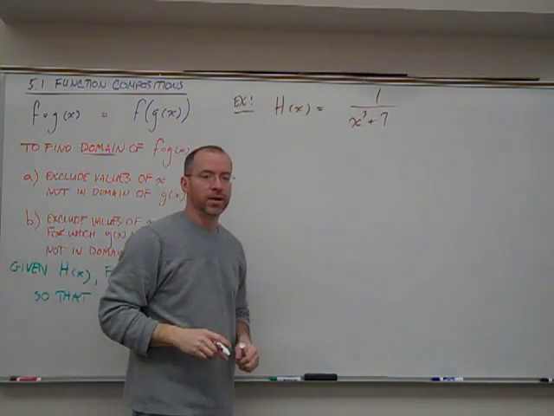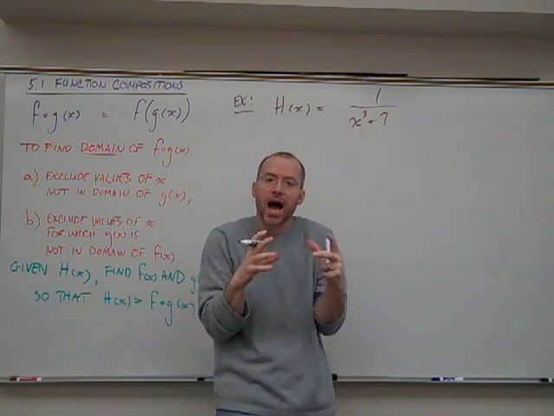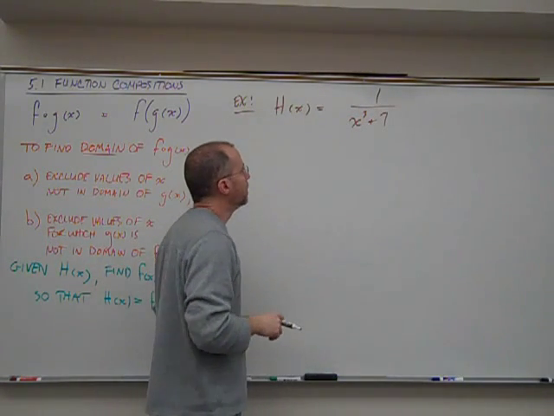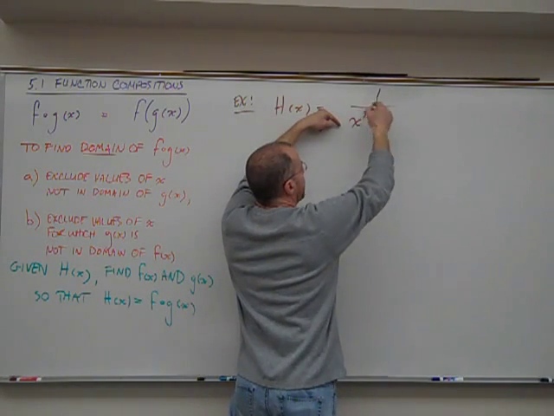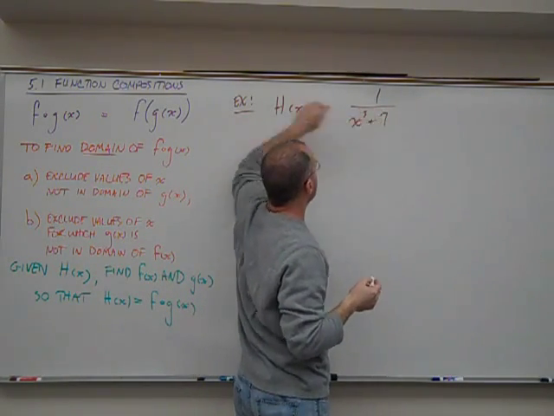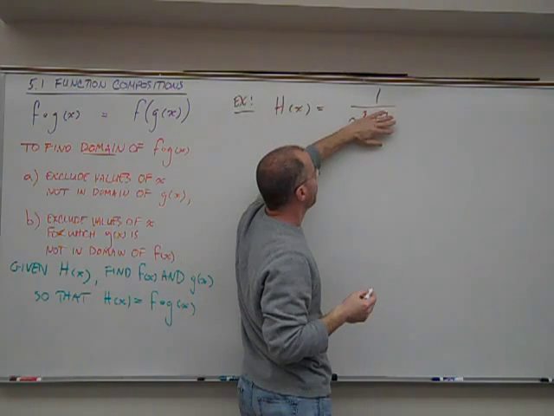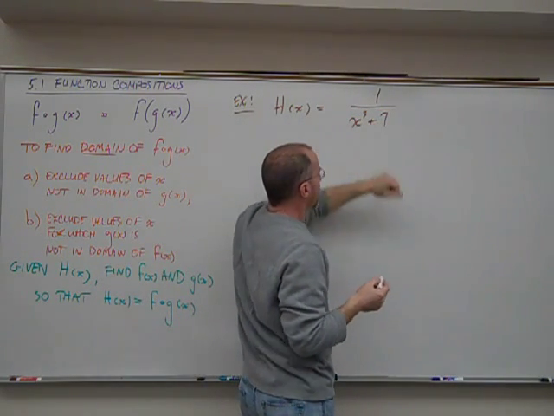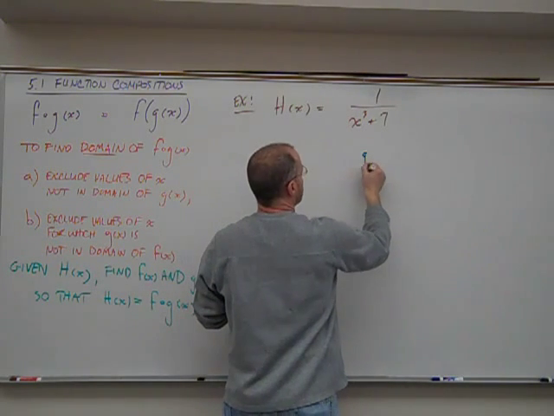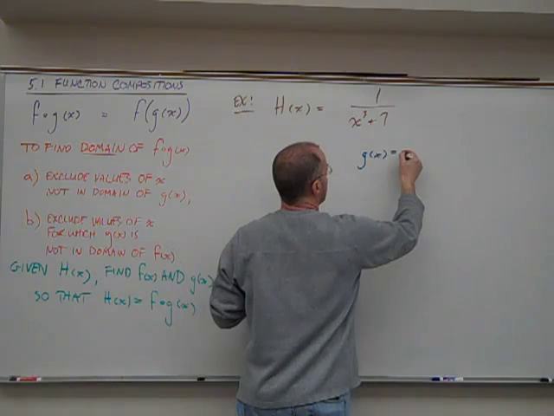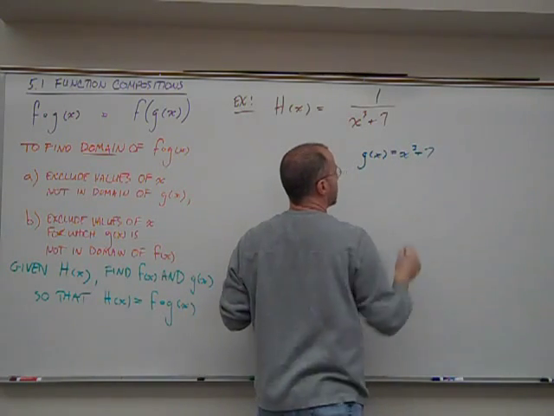Maybe there's not a function that's so obviously inside of something here, but nevertheless, could you see this little cubic, x cubed plus 7, as a kind of a function inside of this big function? If you can, then you could have your inside function be x cubed plus 7.